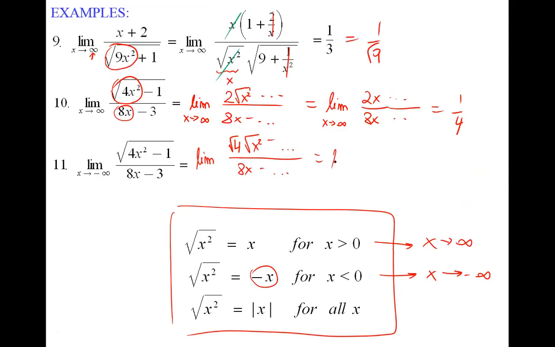And I have limit as x goes to negative infinity, I have 8x, and square root of x squared is just negative x, which is positive, yeah, because this is negative, with this negative is still positive. That means the answer is negative 1/4.